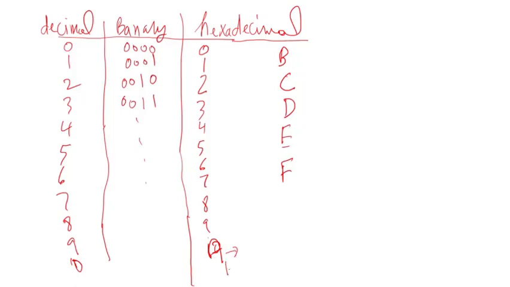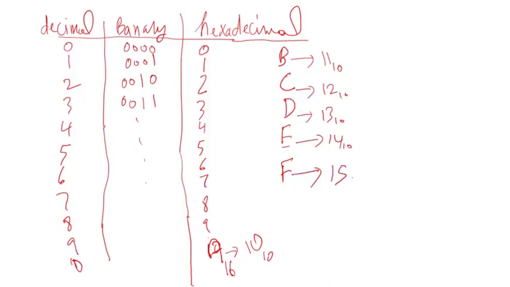A in hex, base 16, which is hexadecimal, is the equivalent of 10 in base 10, or decimal. B is the equivalent of 11 in base 10. C is 12, D is 13. E is the equivalent of 14 in decimal, and F is the equivalent of 15 in decimal.